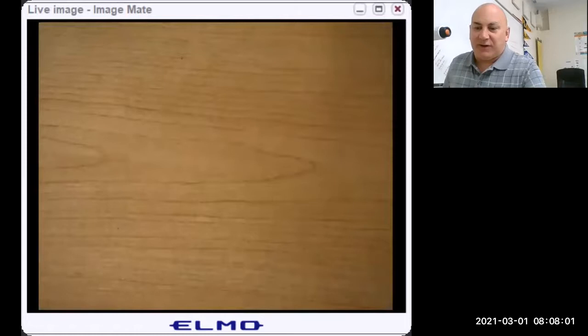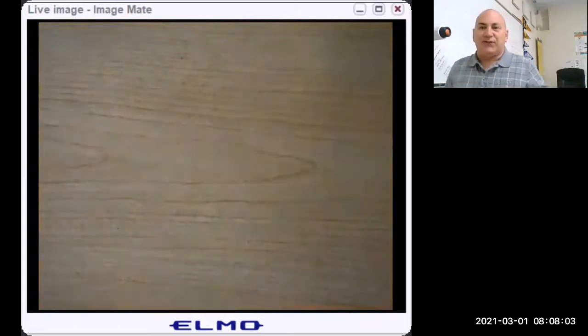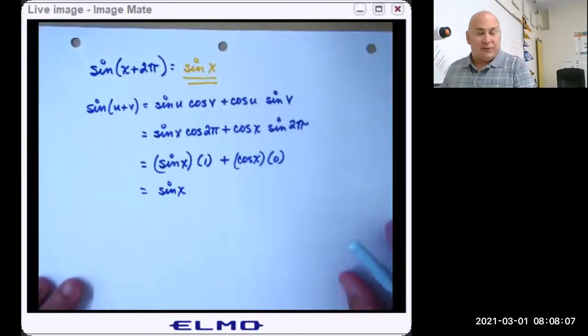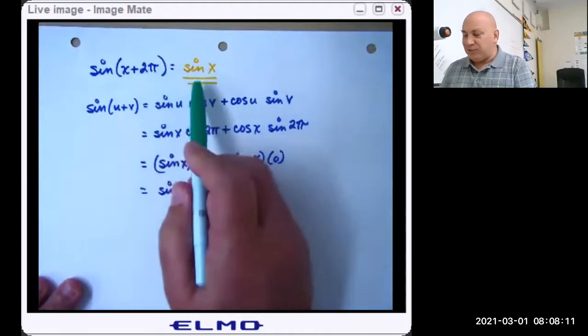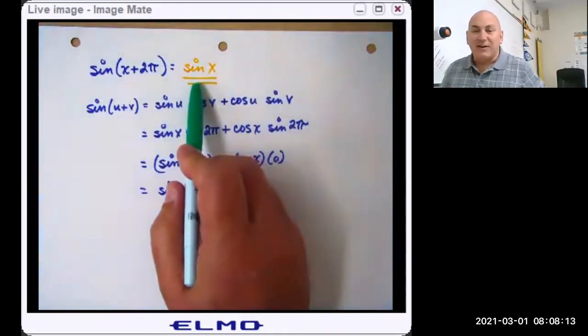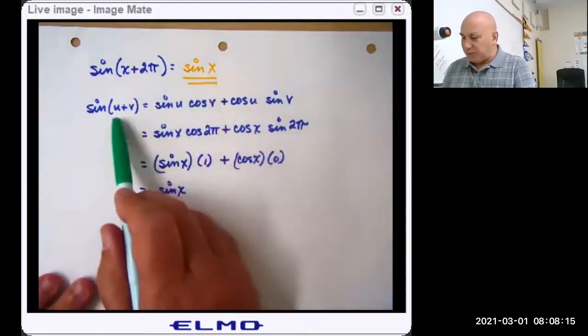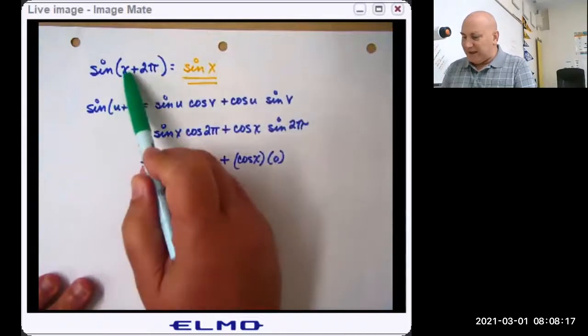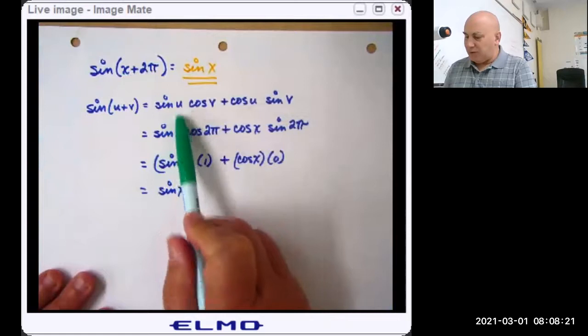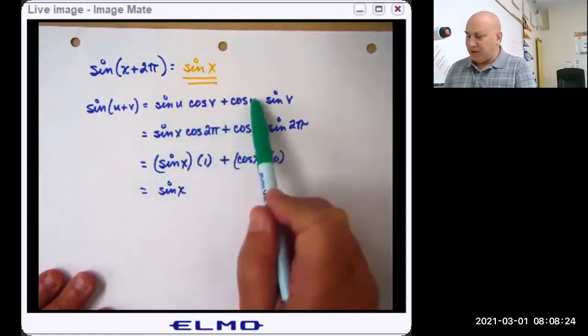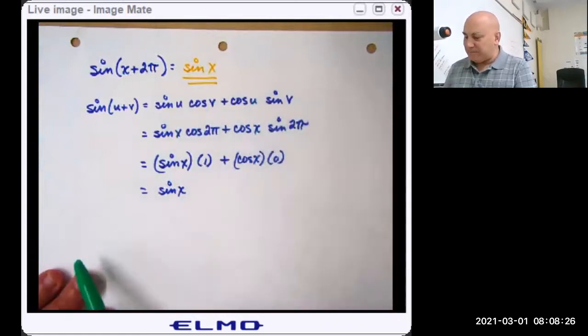We also know that if you take an angle plus 2 pi, you're going to get a coterminal angle. So the sine of x plus 2 pi should be the same as the sine of x. So we're going to let u be x and v be 2 pi.